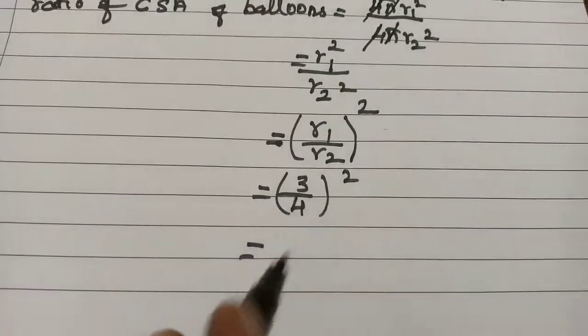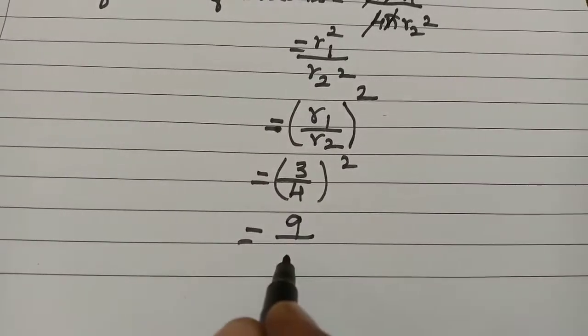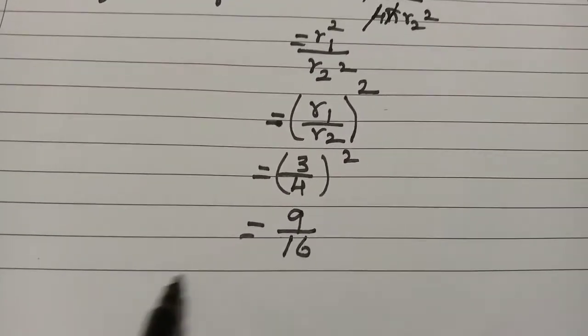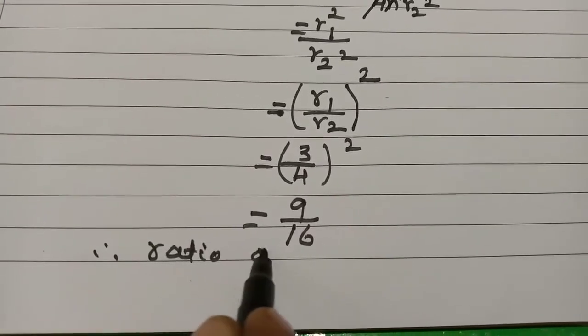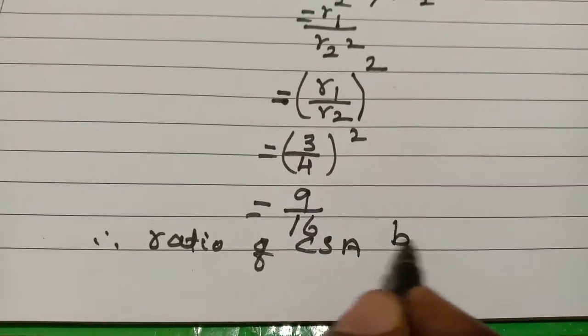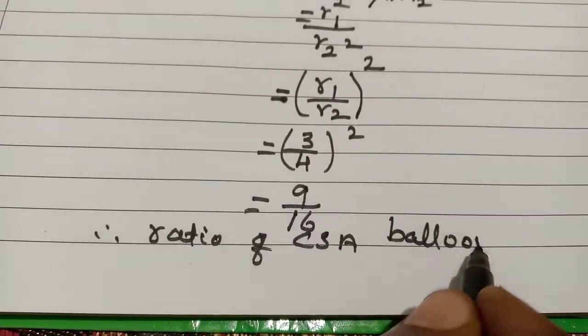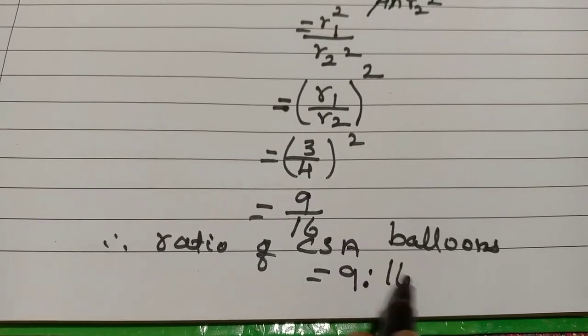What is 3 square? 9. 4 square is 16. Therefore ratio of CSA of balloons is equal to 9:16. Understood, students?